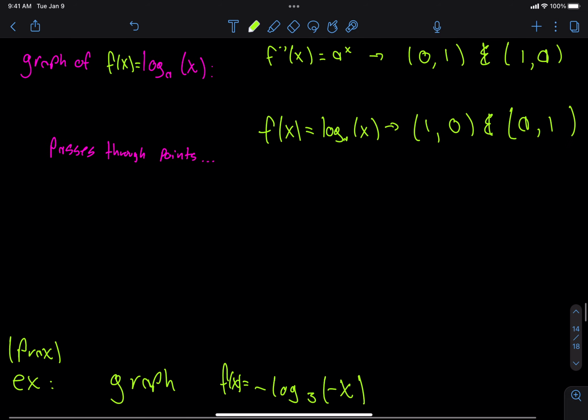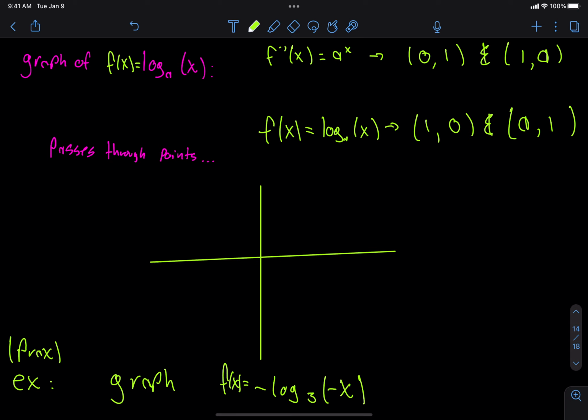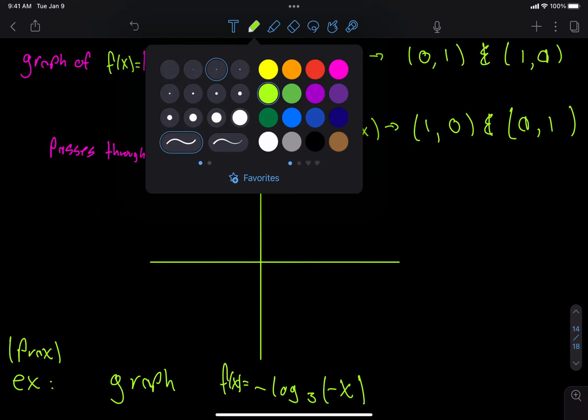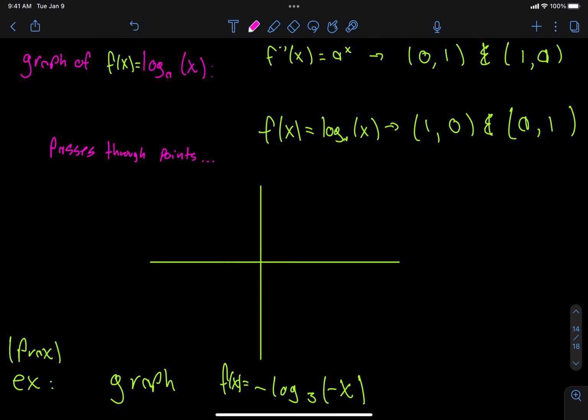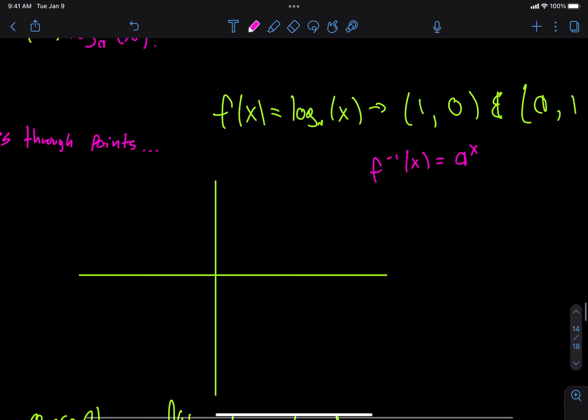Okay, so let's take a look at two graphs. The first graph I'm going to make is going to be the function, why don't I use pink for it, f inverse of x is going to be a to the x. So let's graph it. It goes through the point 0, 1, and it goes through the point 1, a, right?